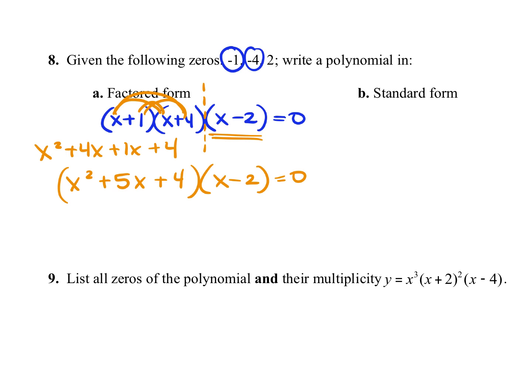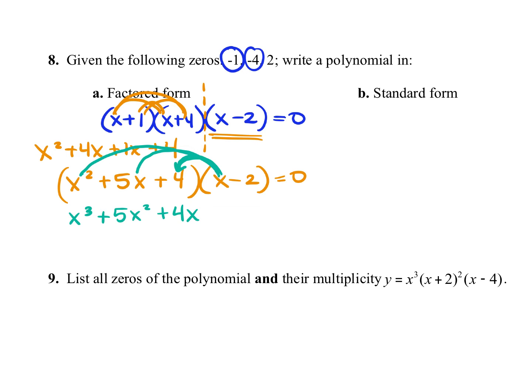So with that, now it's like we're foiling. Essentially, you have to multiply everything by everything else, right? There's a couple ways you can look at it. I would probably just take the binomial and multiply both parts of the binomial by everything. So I would go x times x squared, and then x times 5x, and then x times 4. So I would get x cubed plus what? 5x squared plus the x times the 4 here would be 4x.